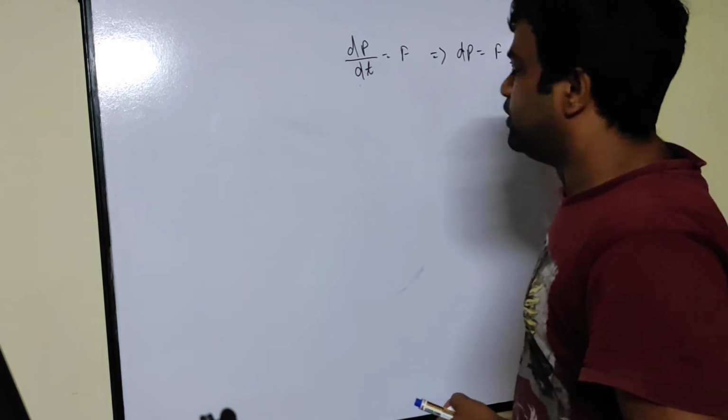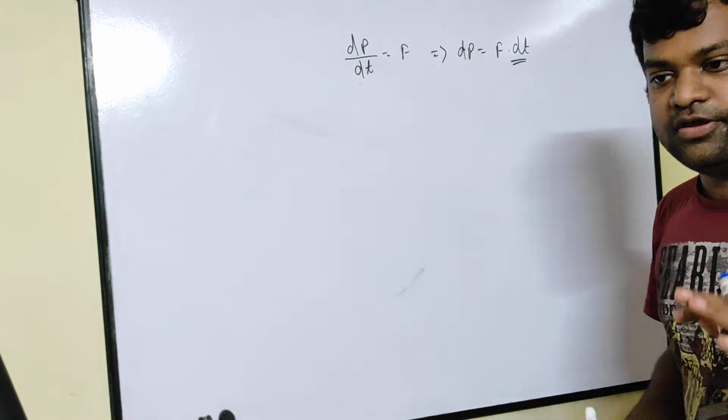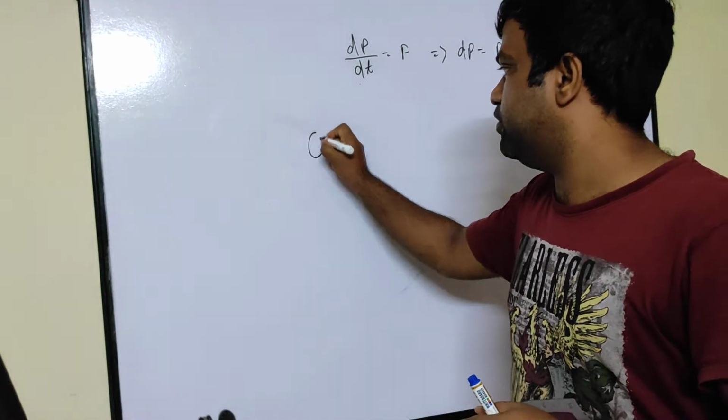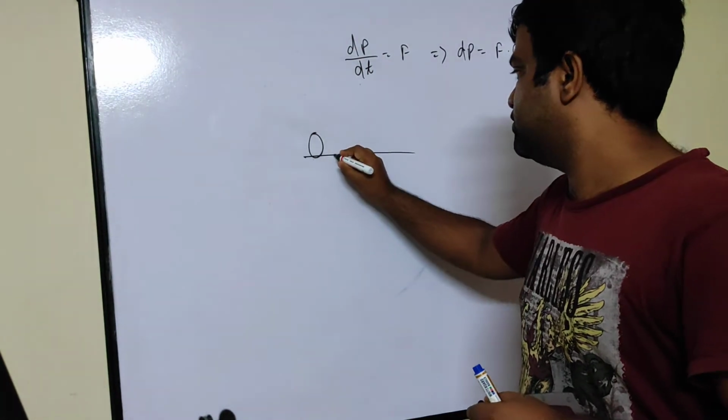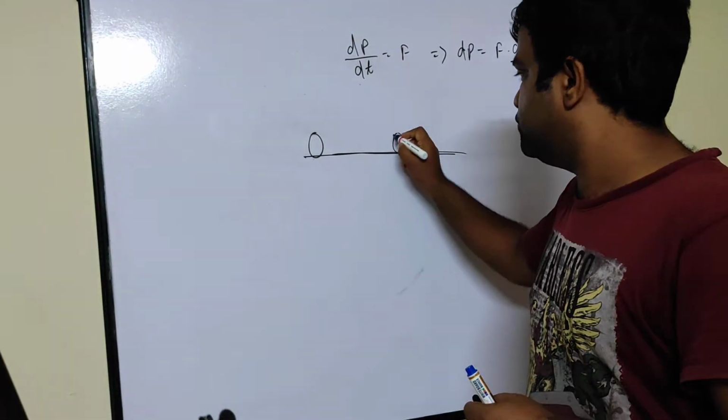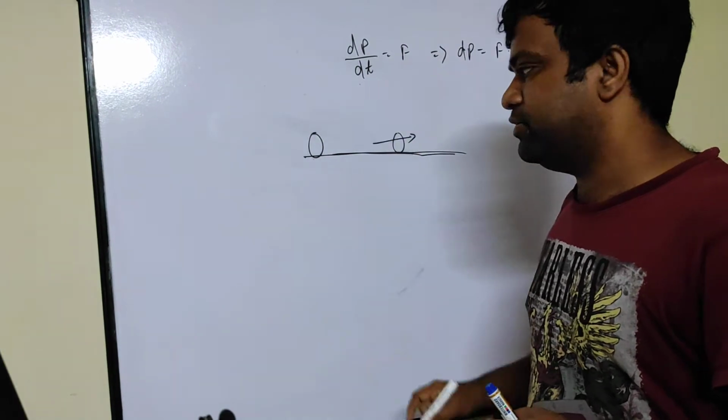Now for a small interval of time, if a sudden jerk is there, you can imagine this is a ball and it is rolling down a straight path. In between you just kick it again.